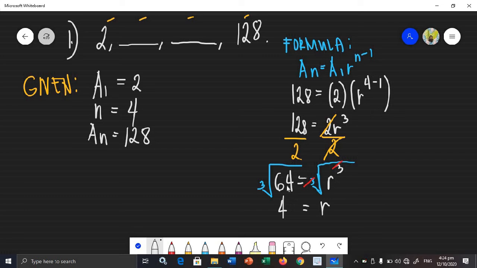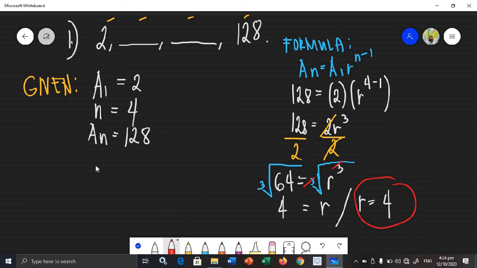You can just use your scientific calculator in finding or in simplifying this part. So, now, applying symmetric property of equality, 4 is equal to r is simply r is equal to 4. Wala po yung pinagkaiba, no? Kahit magkabaliktad. Therefore, may value na yung common ratio natin, 4. 4 pala yung common ratio natin.